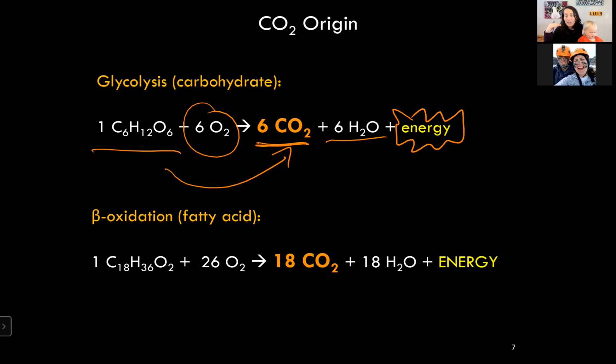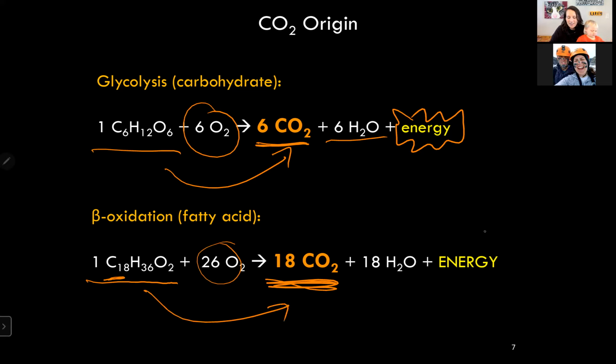The other area where we're producing a lot of carbon dioxide is beta oxidation. So this is the breakdown of fatty acids. So one fatty acid, and this is just stearate, which is C18, so stearic acid, plus 26 oxygens yields 18 carbon dioxide molecules, okay? So one yields 18, and I made energy capital here because beta oxidation produces way more ATP than glycolysis does.